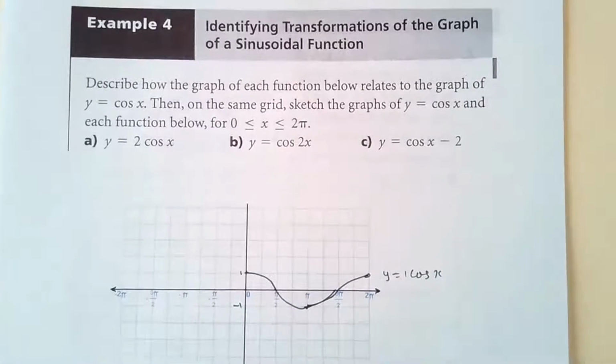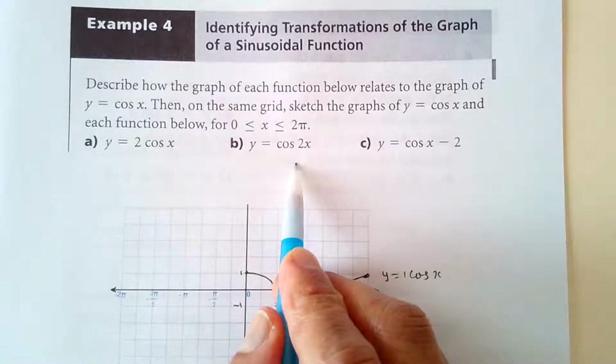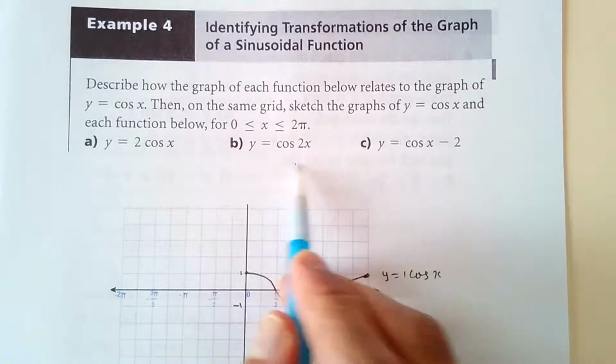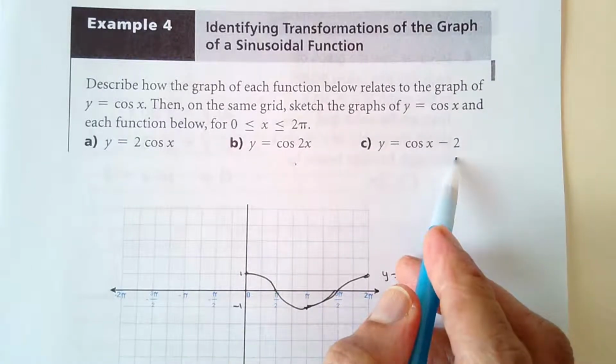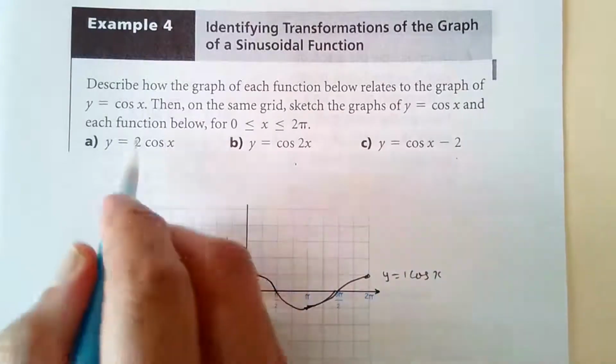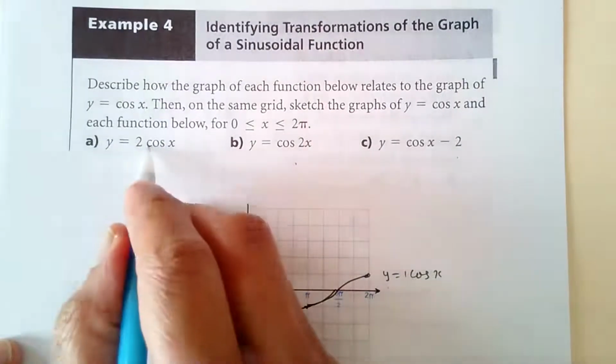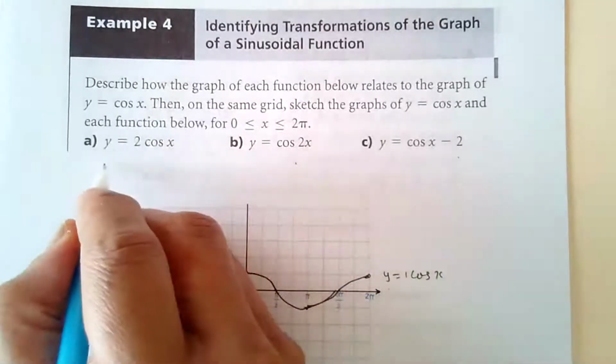And here we're looking at amplitude, the horizontal compression, and the vertical translation. So y equals 2 cos. Here's my cos, and the amplitude of 2. So we have the amplitude here.